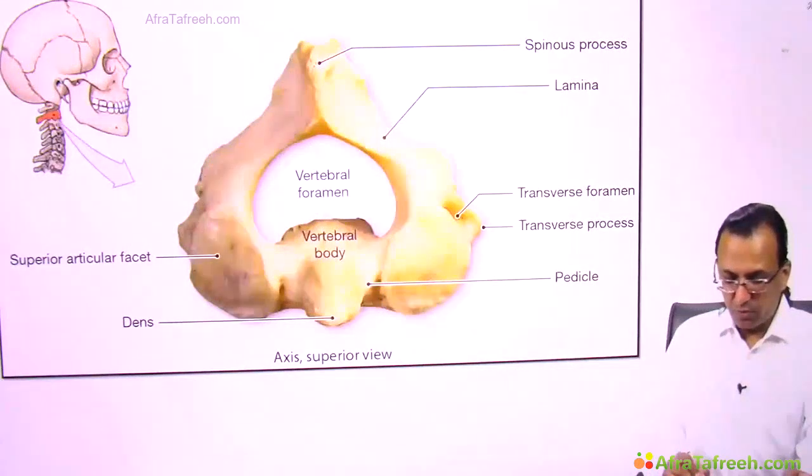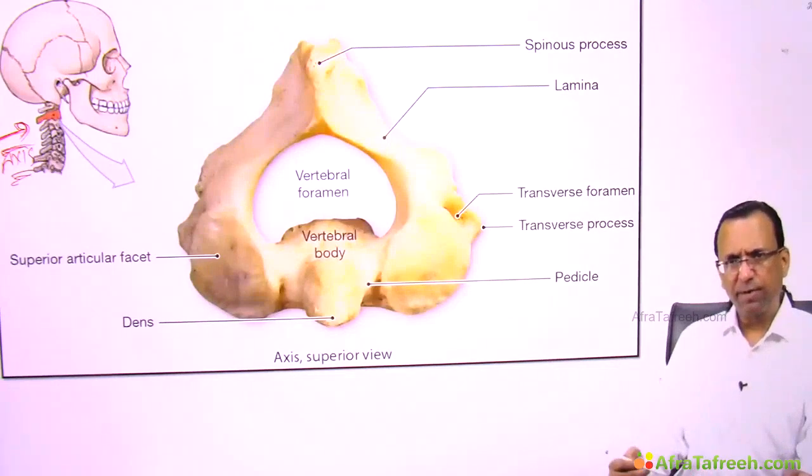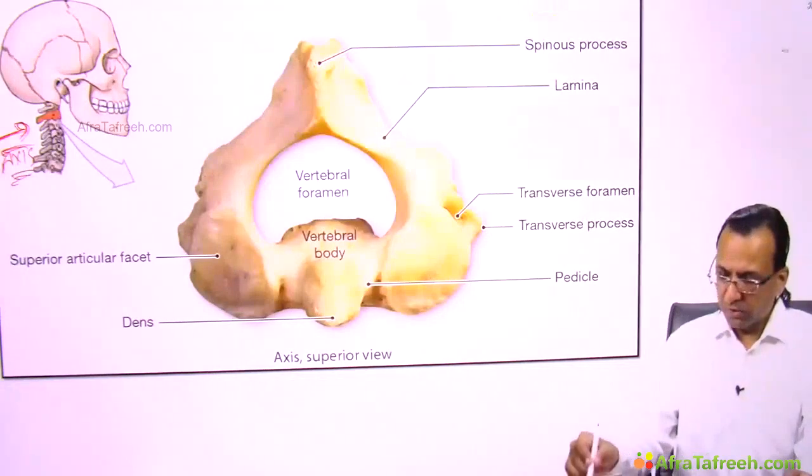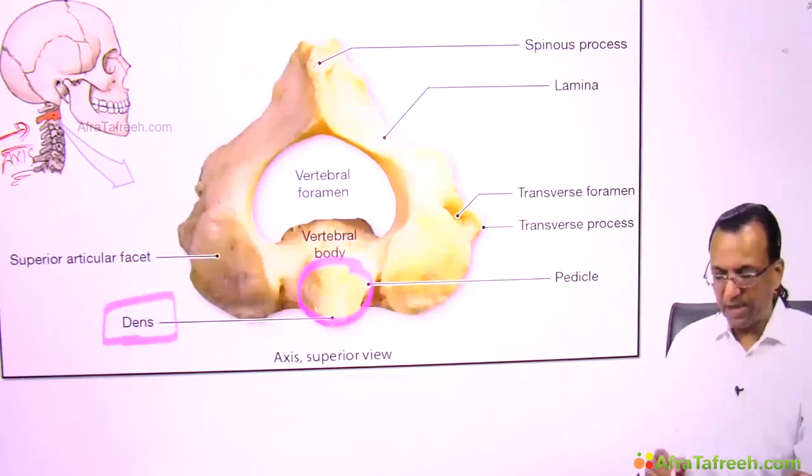Then what is this? This is number 2, C2, the axis vertebra. You were saying this vertebra got the body of the upper vertebra. I'm just saying, but maybe I am correct. It has a process called the odontoid process or dens of the axis.